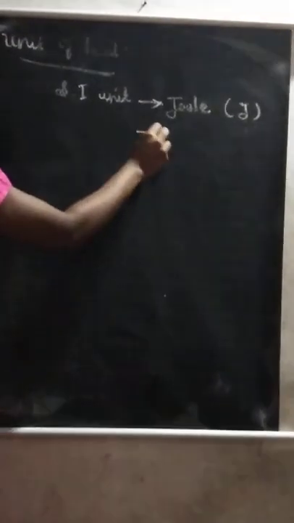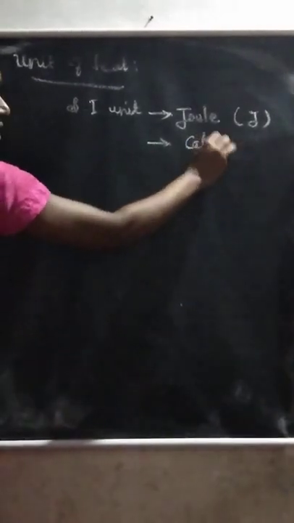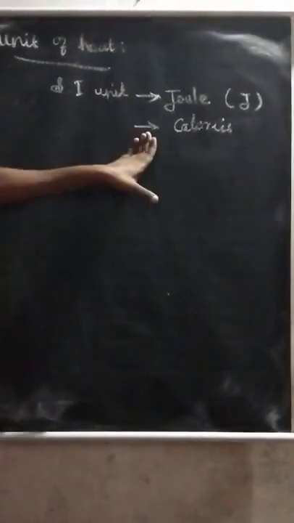Joule, symbol J. Generally, this heat is measured in calories. So listen, SI unit of heat is joule. Usually, generally, heat is measured in calories.